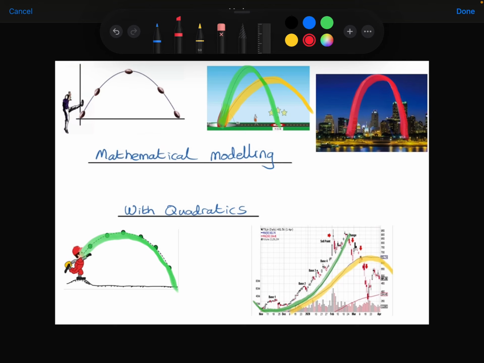Or maybe you're an economist looking at the share price, wanting to find the best time to buy or sell a share to maximise your profit or minimise your loss. You could examine a share price with a quadratic to find the best price to buy or the best price to sell.